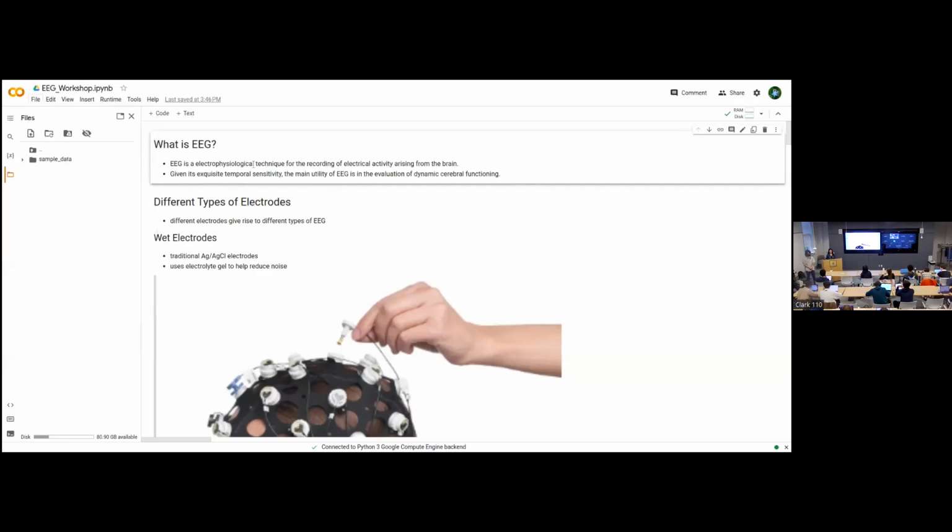Is everyone able to download and open the link to the Colab notebook we sent out? Are we able to make a copy of the Colab notebook?